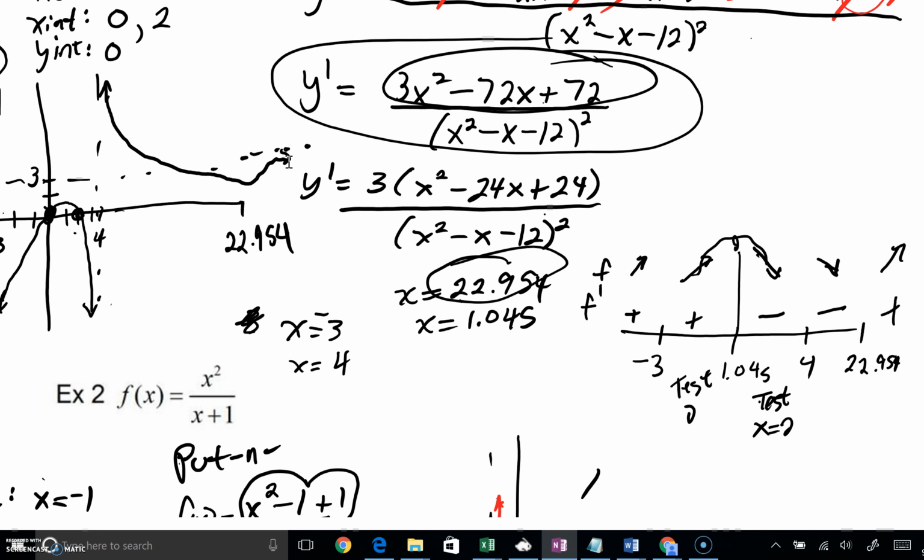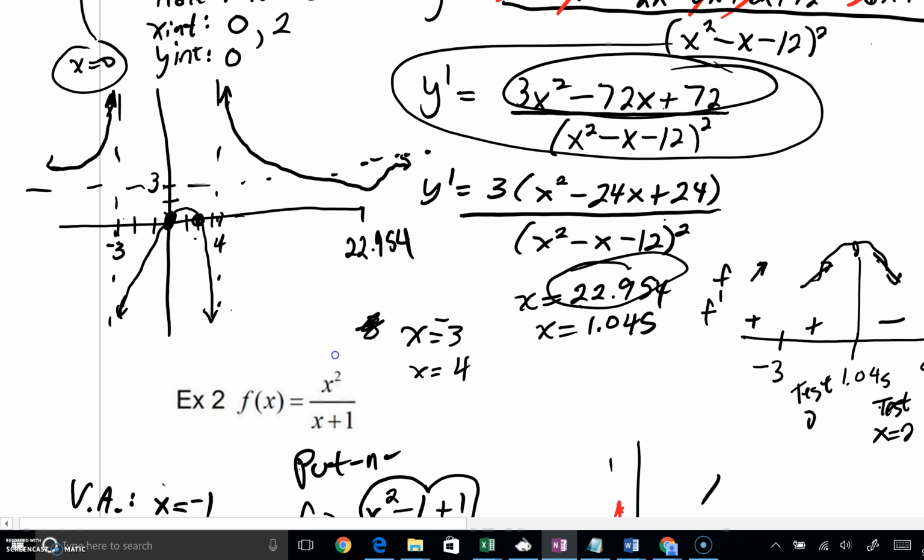No one, I think, even working this out, would have thought there's another relative extrema in this problem. If you just looked at the graph of the original problem, you would think that this curve in fact is going to never even touch that y equals 3 horizontal asymptote.